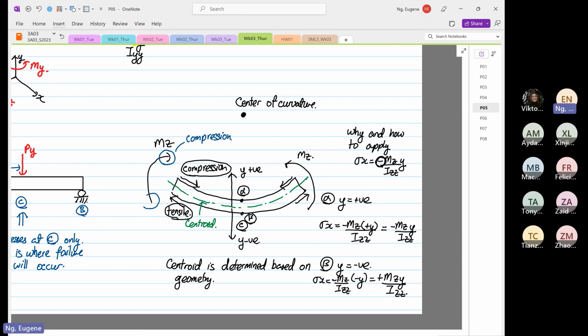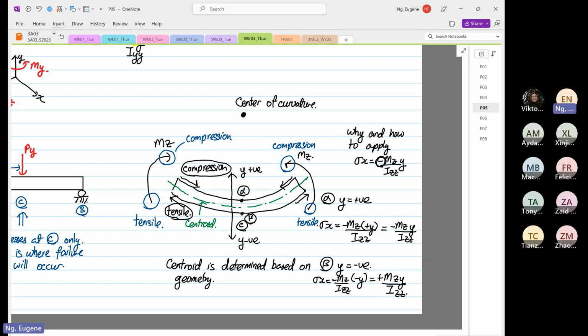The tail end of the moment vector will always generate what? Tension. Likewise, the head end of the moment vector is going to be compression. The tail end will always be what? Tension. I think this is an easier way rather than having to remember stress X is equal to minus Mz over Izz. Sometimes you forget there's a minus in front. So just look at the moment vector.